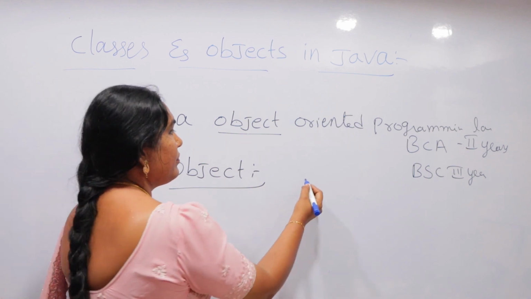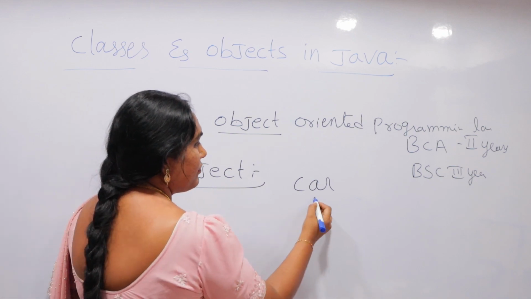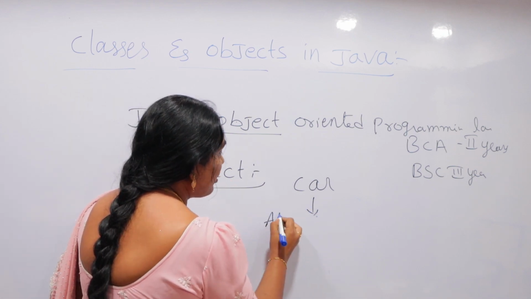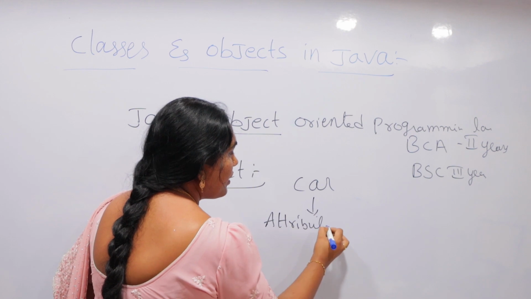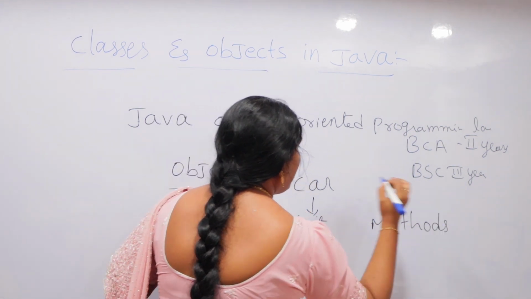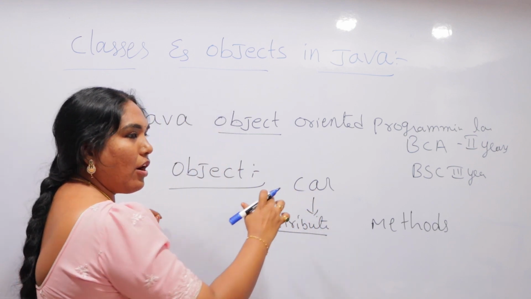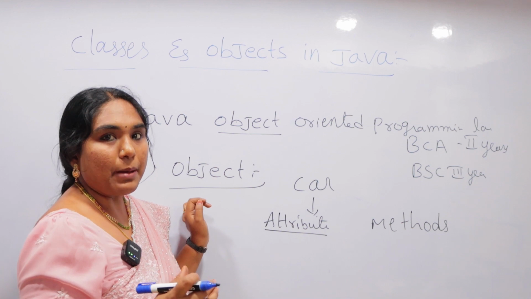For example, an object is a car. The car has attributes and methods. What is the meaning of attribute about the car? Which one describes the car?